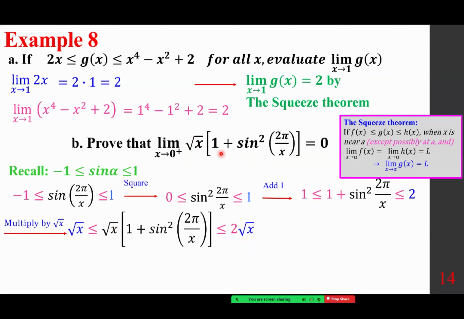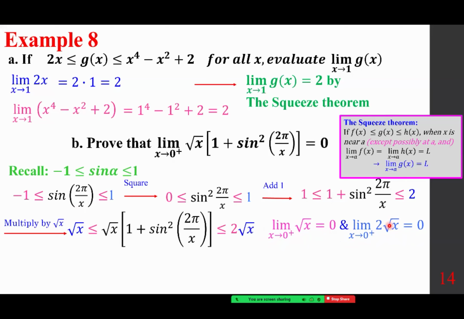We also are interested in finding the limit as x approaches 0 from the right. Therefore, we're going to take the limit of the left side as x approaches 0 from the right, as well as the right side. And as you know, this gives us 0. The limit of square root of x as x approaches 0 from the right is 0.